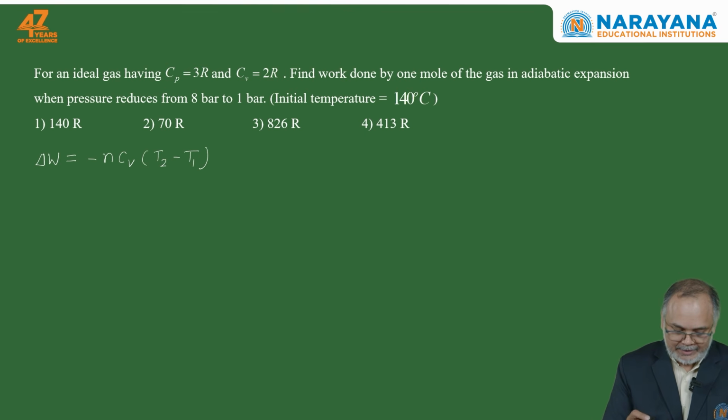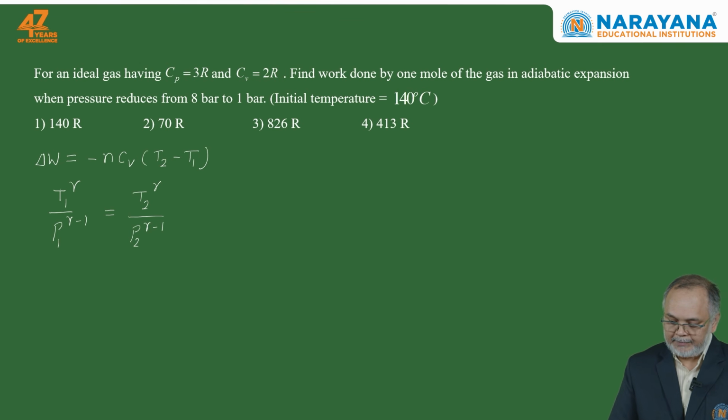In case of adiabatic process equation, we can write T1 to the power gamma upon P1 to the power gamma minus 1 is equal to T2 to the power gamma upon P2 to the power gamma minus 1.